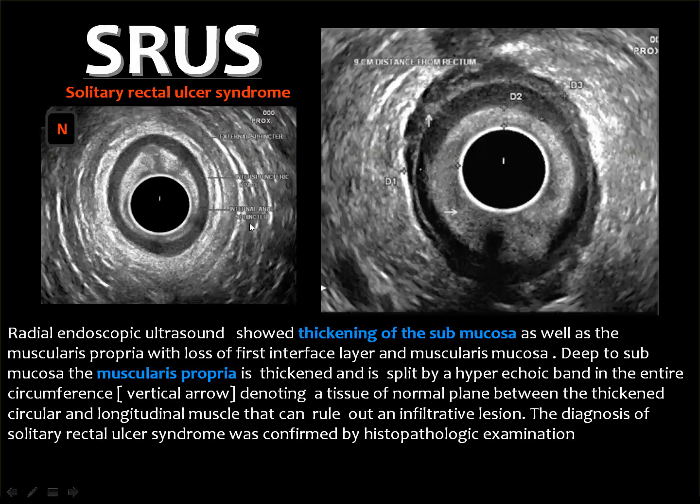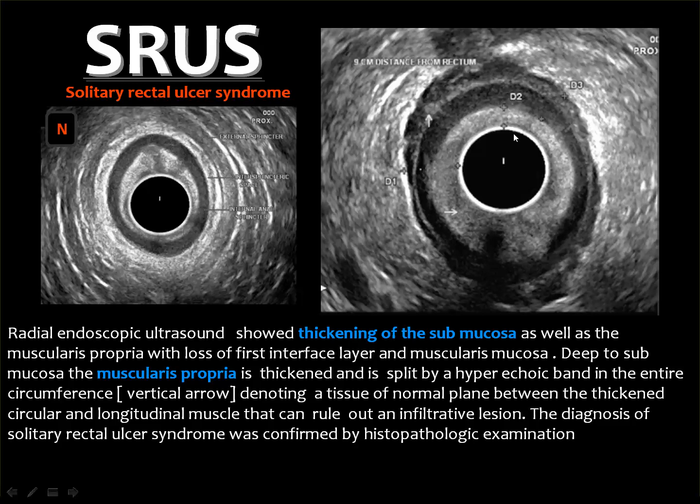And also the endoscopic ultrasound can help in the diagnosis of solitary rectal ulcer syndrome, and there are some of the mentioned criteria, including that there is considerable thickening of the submucosa. You compare it, this is the normal appearance, this is the submucosa, and here you can see the thickening of the submucosa, and also the thickening of the muscularis propria compared to this.